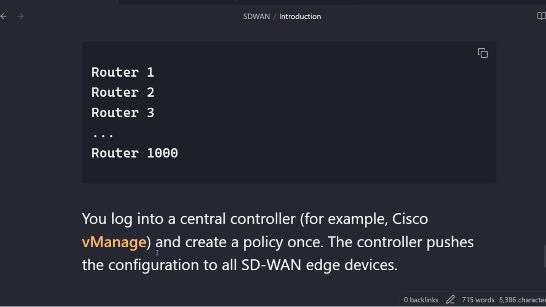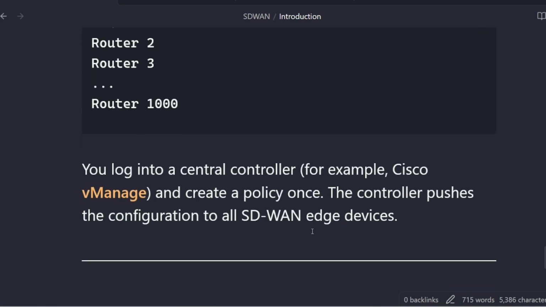I will tell you in brief. Don't worry. So instead of logging into each CLI, you log into a central controller and create a policy once. The controller pushes the configuration to all SD-WAN devices. How simple it is. Okay, so these are the advantages we have.